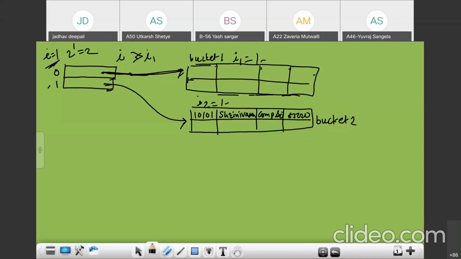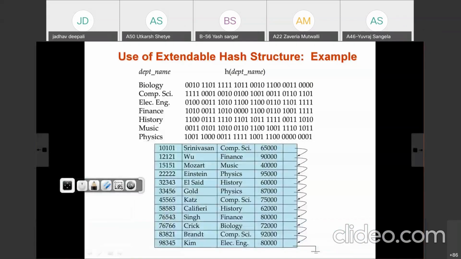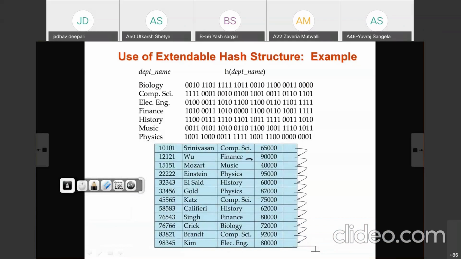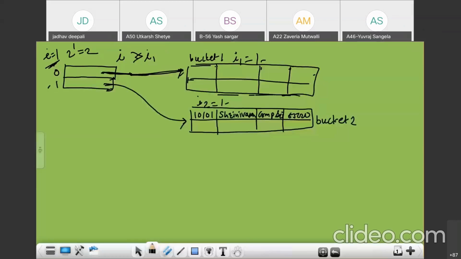Now we move towards the next one. What is it? Wu, with finance. The first bit is 1, and that's why, follow the pointer of 1. It comes here: 12121 Wu, finance, 90,000.